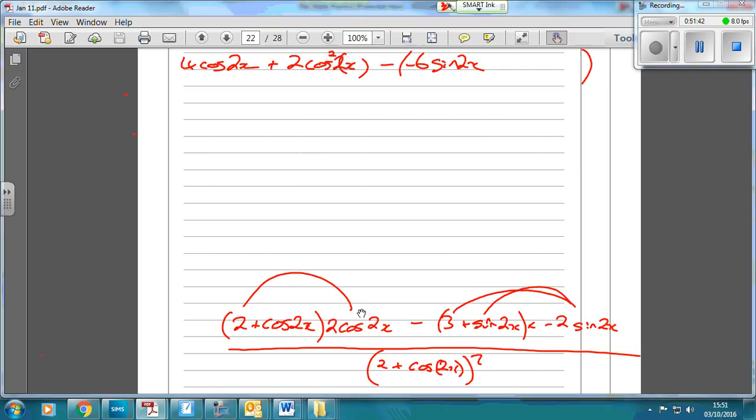If we do that times that, it's going to be minus 2 sine squared 2x.